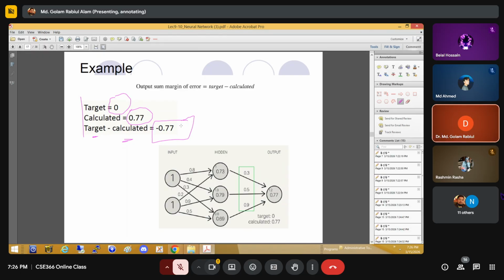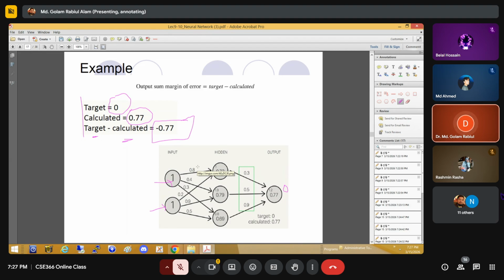For that, we cannot change the input 1 and 1, because for 1 and 1 we want to get 0. So what are the remaining things we can change? The remaining things are the weights. Weights are our learning parameters.